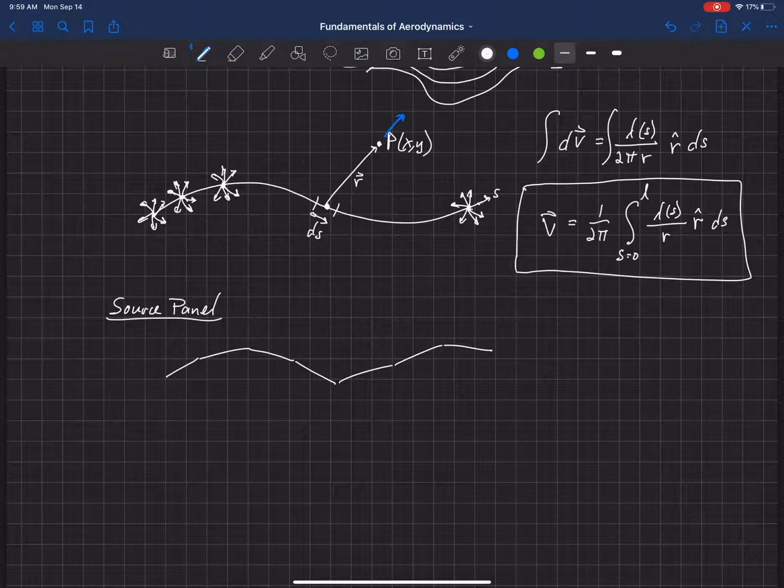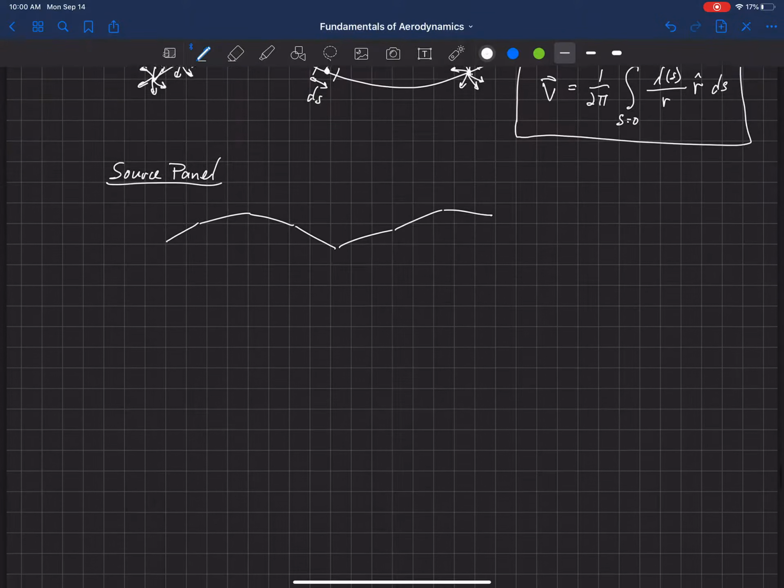It can be a constant strength or change linearly. By increasing the number of panels, and in essence refining the grid, we can closely approximate the continuous source sheet. So let's look at just a single source panel here.